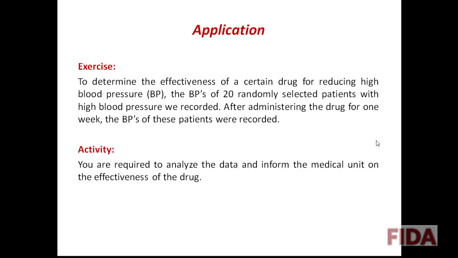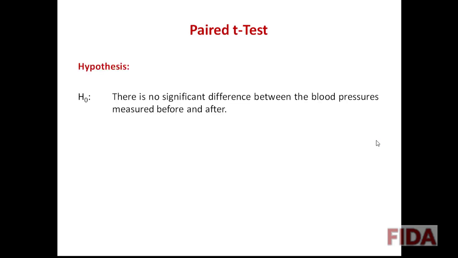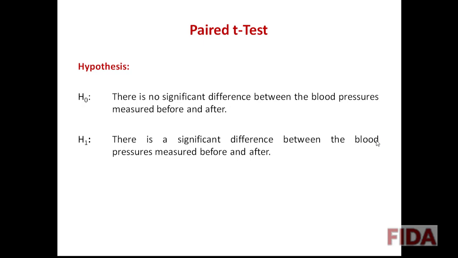Okay, so what do we do? Seeing that this case is a before and after case, I will conduct the paired t-test. But before we go ahead, let us look at the hypothesis. The null says there is no significant difference between the blood pressures measured before and after. The alternative says there is a significant difference between the blood pressures measured before and after.